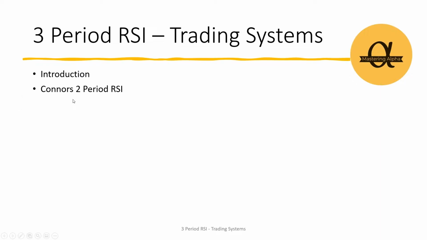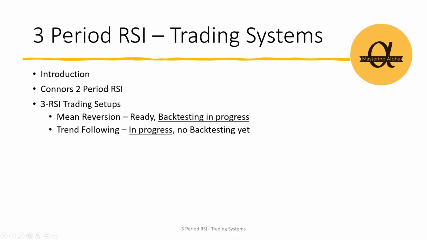So he developed a strategy called two-period RSI. I'm going to explain that. And the one I have developed is a three-period RSI. I'm going to explain why I chose three periods. Again, there are two types that I am looking to cover. However, I have only worked on mean reversion so far. I will also explain what that is.